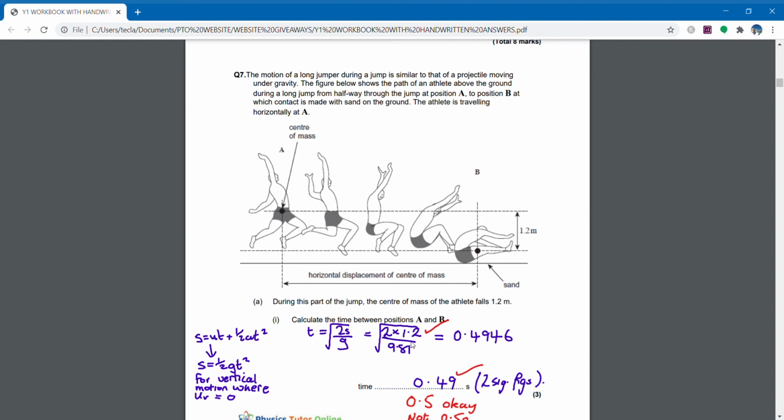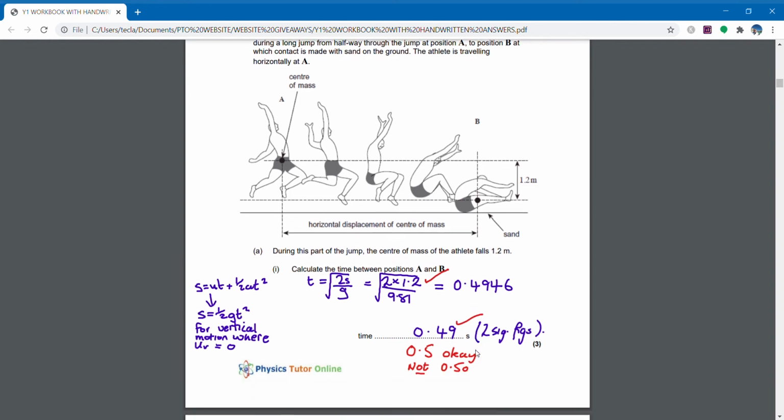So it's 2 times 1.2 divided by 9.81, which is equal to 0.4946 or 0.49 seconds. So 1 mark for substituting in the correct values into this equation, and the second mark for the final value. 0.5 is okay because that's just one sig fig, but not 0.50 because that's actually incorrect to 2 significant figures.